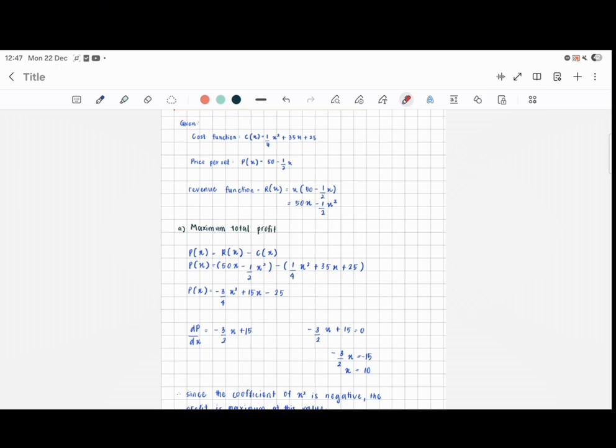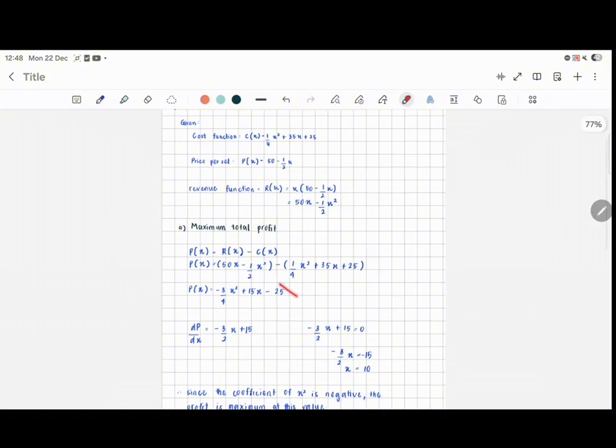After simplifying, we get negative 3 over 4 x squared plus 15x minus 25. Next, we differentiate the profit function. To find the maximum profit, we differentiate and we get this one.